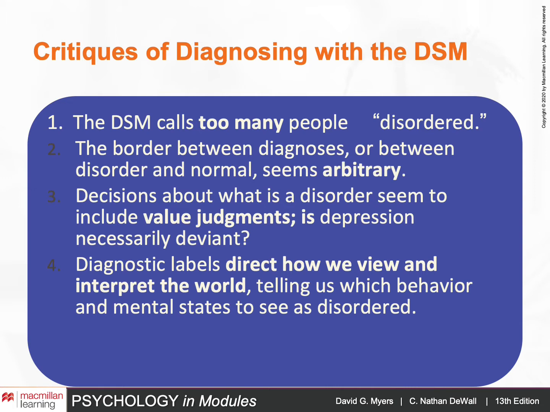So the first criticism that's listed there that's been raised about the DSM-5 in particular, or our current edition of the DSM, is the possibility that too many people are considered disordered, particularly in reference to depression, right? So it's essentially the argument that, for example, depression is often part of the grieving process, and is a natural part of losing a loved one.